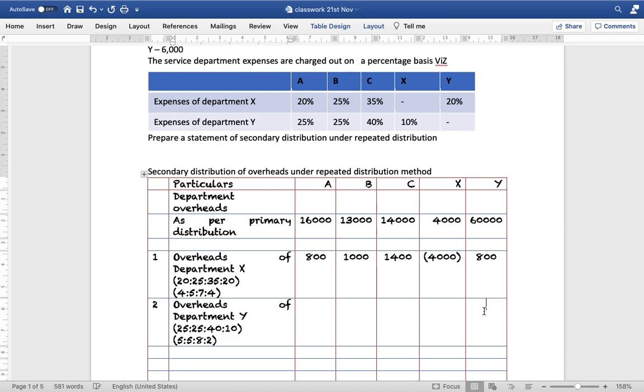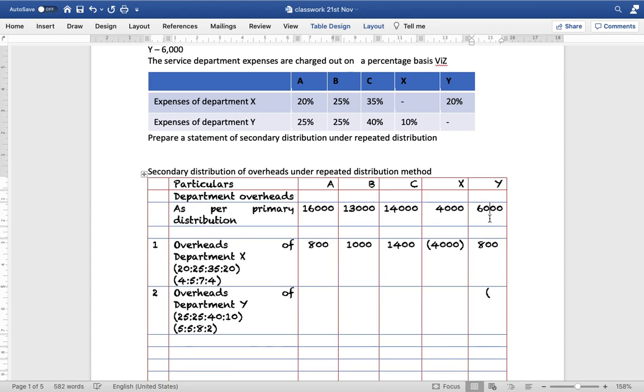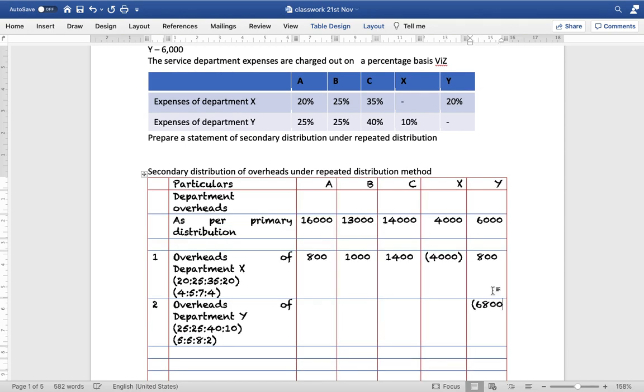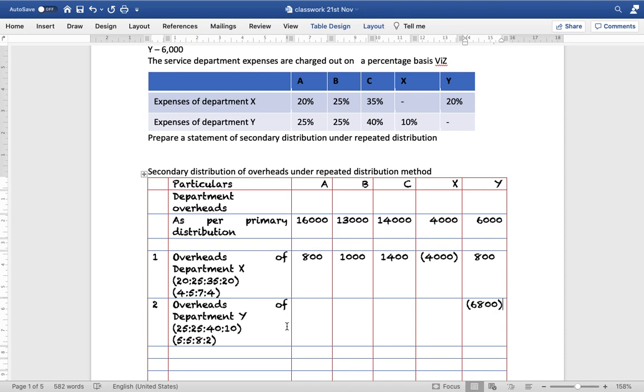Y has already got 6,000, and here there is 800, so totally it is 6,800. This 6,800 should be shared among A, B, C and X in the ratio of 5 is to 5 is to 8 is to 2. So it will be 1,700, 1,700, 2,720, 680.